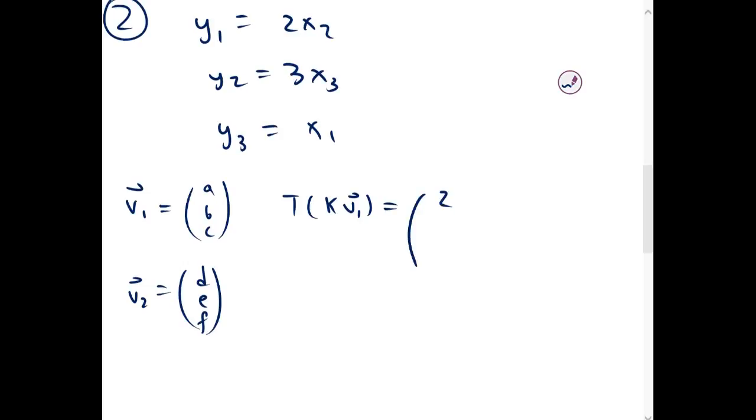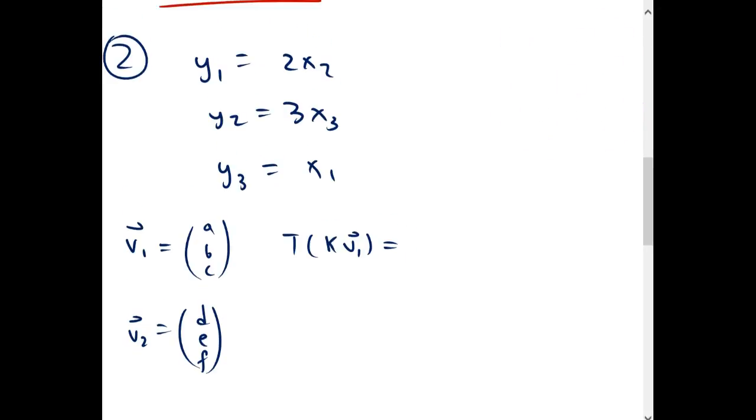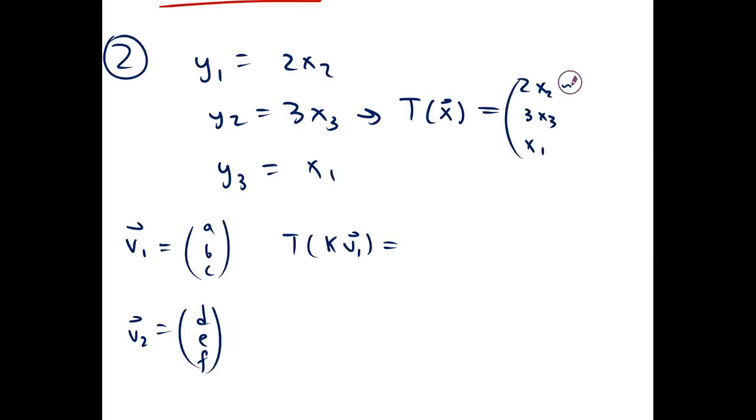Maybe writing this as a linear transformation will make more sense. This x with an arrow over it just means x1, x2, x3.